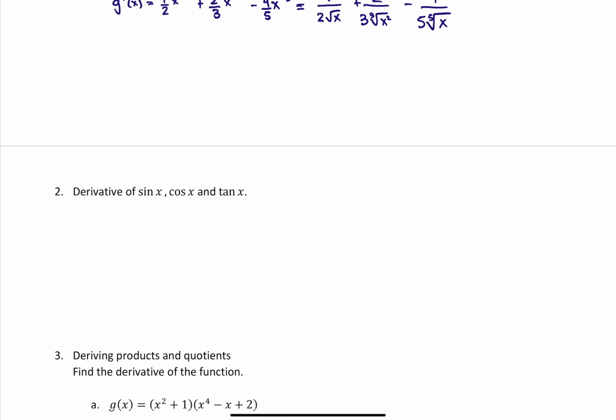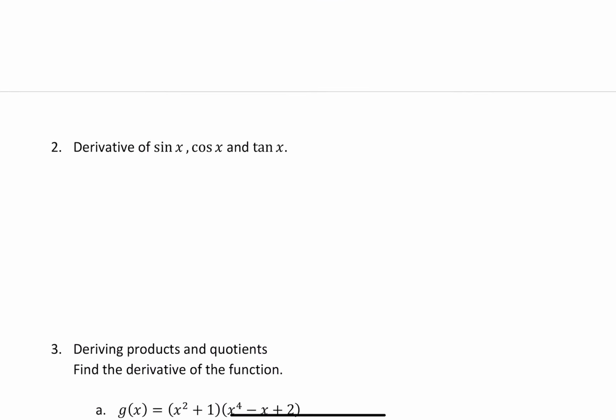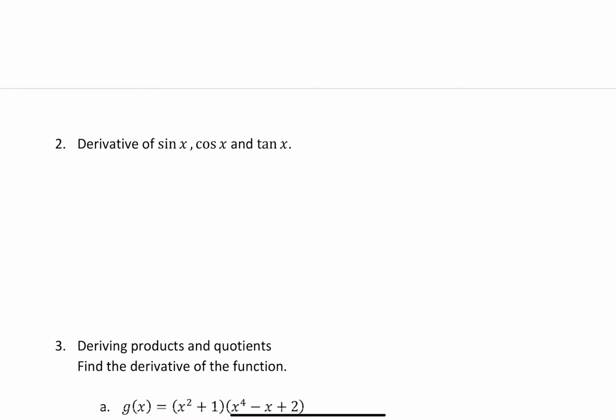So part 2 is just 3 common derivatives that we need to know. For tangent, we can derive this even further once we learn the quotient rule. But right now, we're just going to write these 3 derivatives. The derivative of sine x is going to equal cosine x.